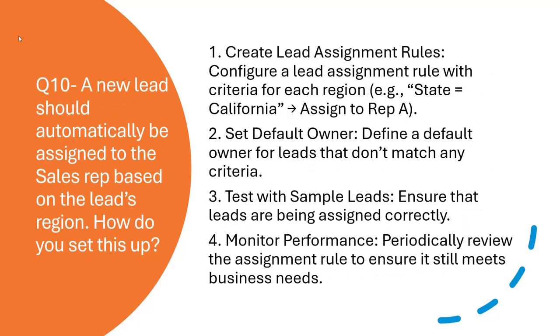Question 10, and this is the last question of this set. A new lead should automatically be assigned to a sales rep based on the lead's region. How do you set this up?